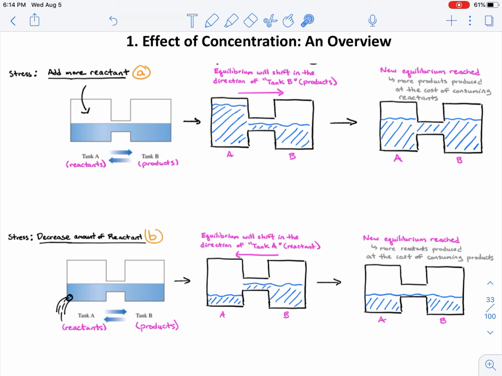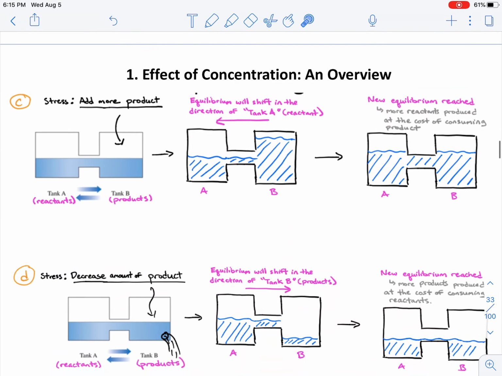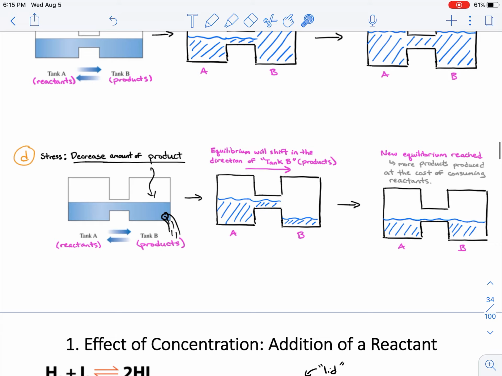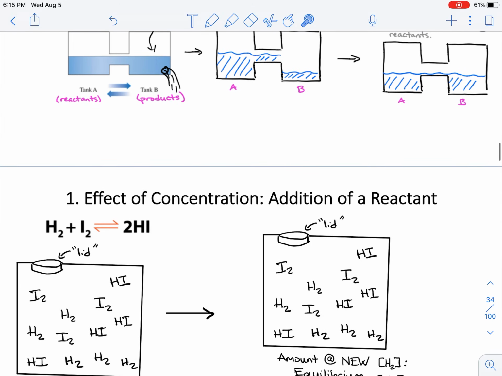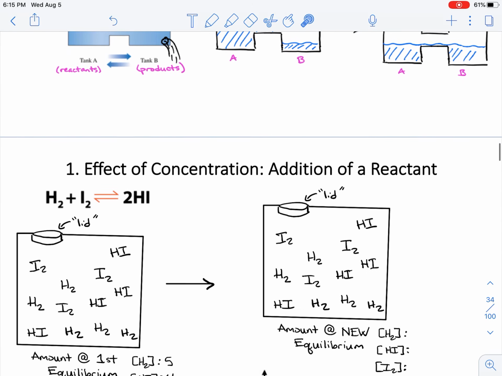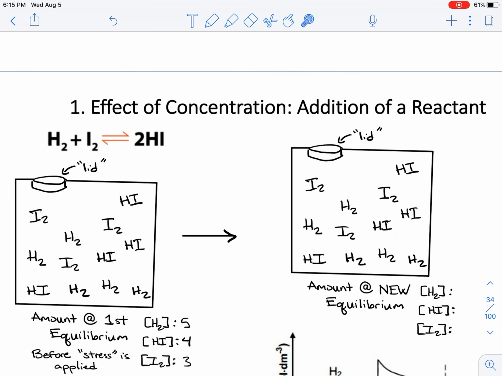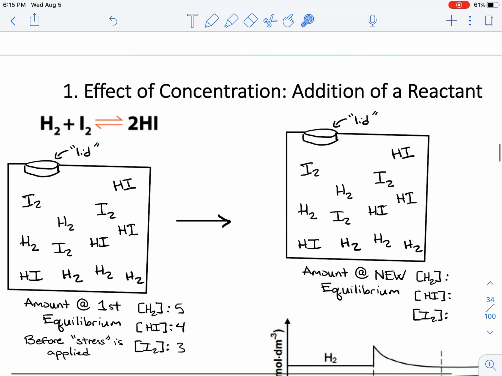And so I want to go ahead and discuss the effect of concentration. However, this time I want to utilize a different perspective. Instead of drawing out tank A and tank B and all of that stuff, I want to take a look at an actual chemical reaction with some numbers for the reactants and products.